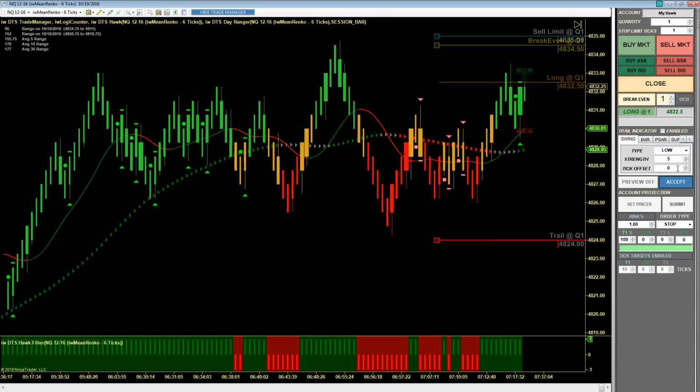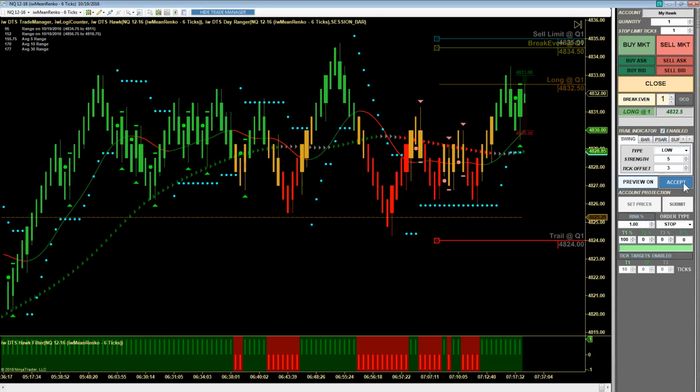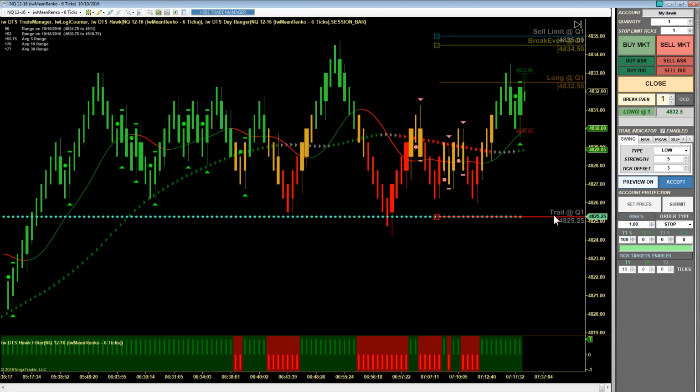And we can throw a stop below the last swing low, maybe a couple, 3 ticks back. Now you can see I can also preview all my stops. So I've got a swing low. I'm going to enable this and accept it. So now the trade manager will automatically manage my trade according to the stop strategy that I've selected.